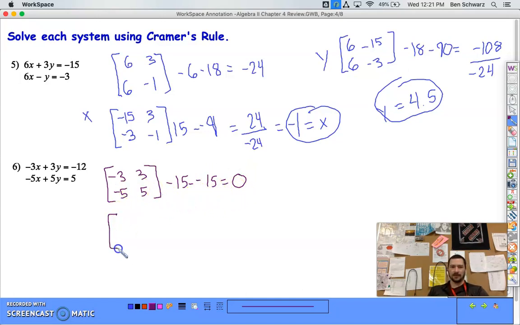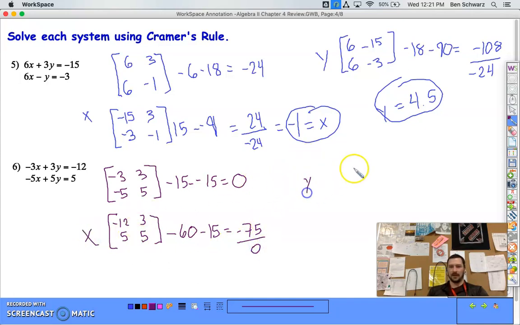So for x, we'll put -12 and 5 in here, and then 3, 5. So that would be -60 minus 15, so -75. So it would be that over 0. So that was x.